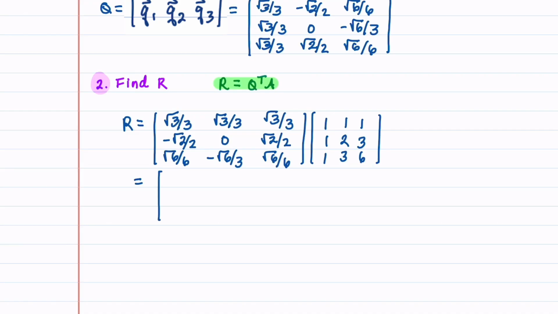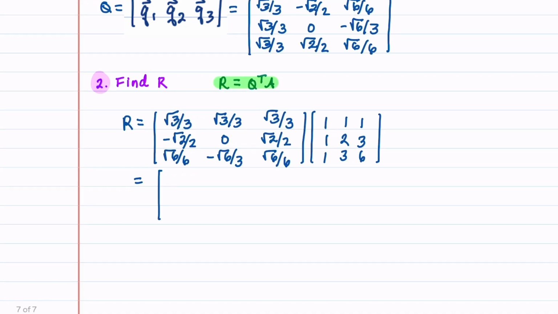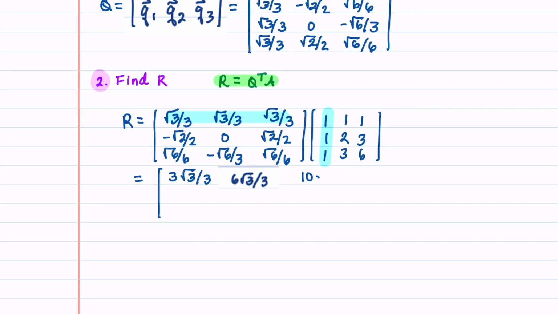Just as a review, to get our first entry, we're going to multiply this row by that column. When everything gets combined, we're going to get a 3 root 3 over 3. And then our next entry is going to be a 6 times root 3 over 3. And then we're going to get a 10 root 3 over 3.